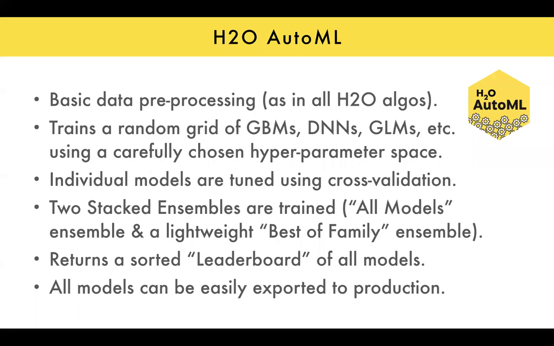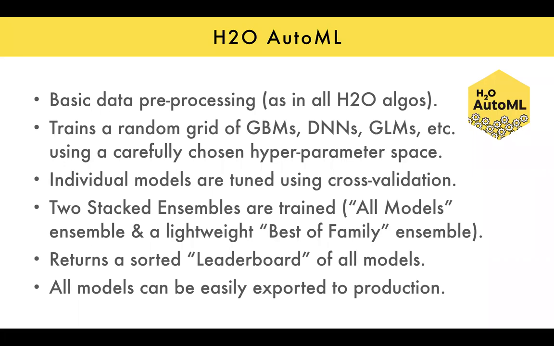Let's say you train it for 5 hours and you get 100 models. You have a 100 model ensemble. It might be the best model, but you might not really want to put a 100 model ensemble into production. Maybe you don't need that last little bit of performance. So maybe you could do a more simplified version of that.